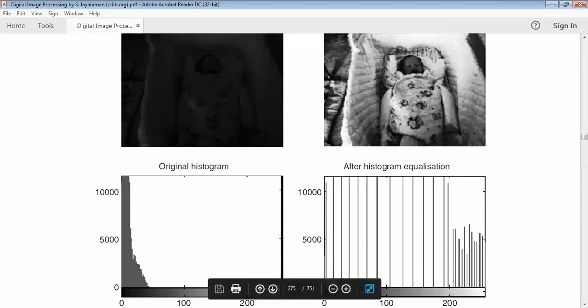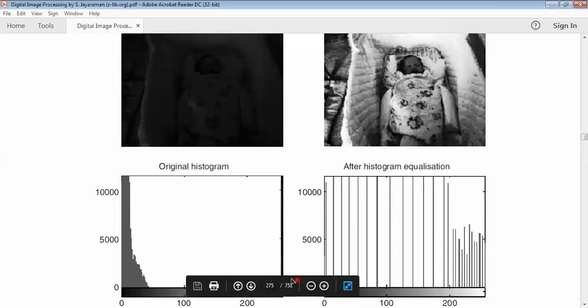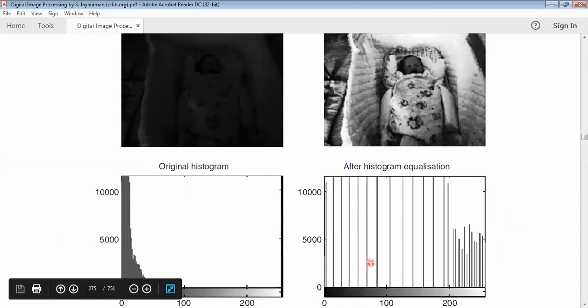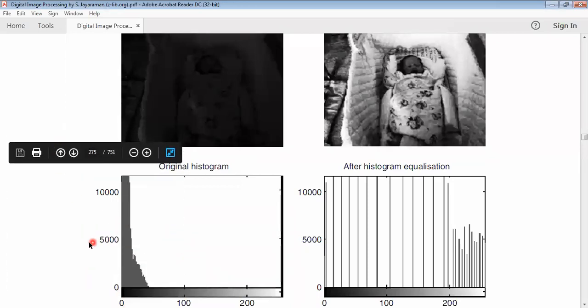Now if you see the equalized histogram for this, after equalization, how does the histogram look? The pixel values from 0 to 255 are equally distributed. Right? Understood? Yes, sir. Equally distributed.